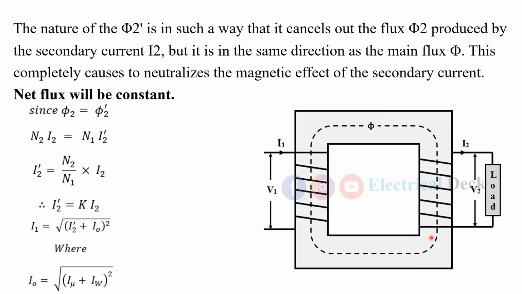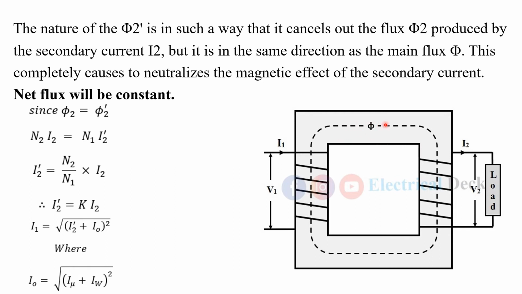That means E2 will be induced in the secondary side. Due to this I2, some flux phi 2 will again flow through the core, and this flux phi 2 will be just opposite to that of the main flux. That means the main flux will be demagnetized by the flux phi 2 which is produced by I2.